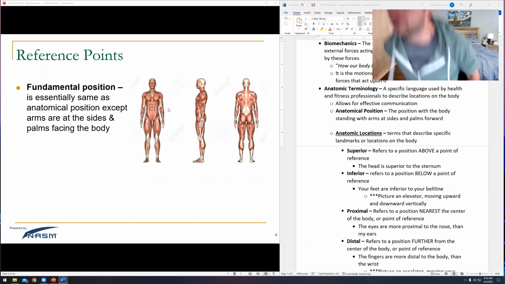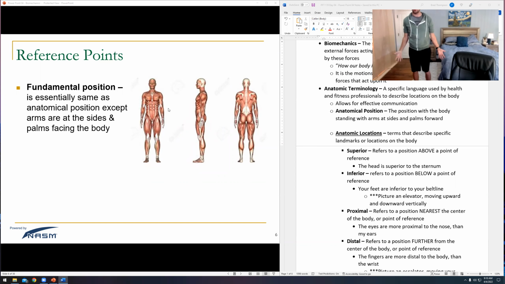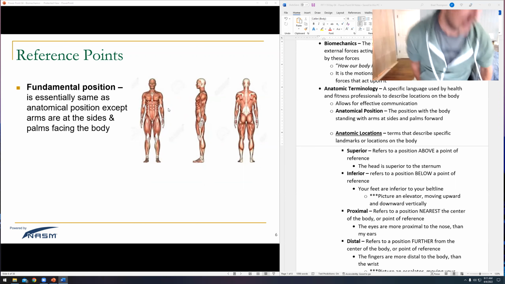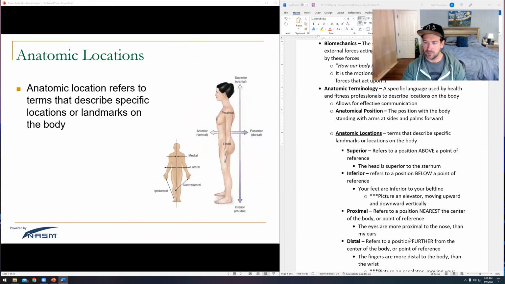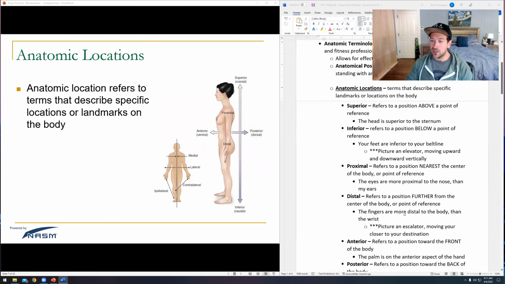This is the starting position here. But the fact that we actually stand kind of like this, that's a little bit of internal shoulder rotation. We don't stand like this and walk around like that all day. That would be major internal rotation. But again, think of the circle and think of the starting point of the circle, right? That's our anatomic position. So let's go ahead and look at some of these locations on the body, right?